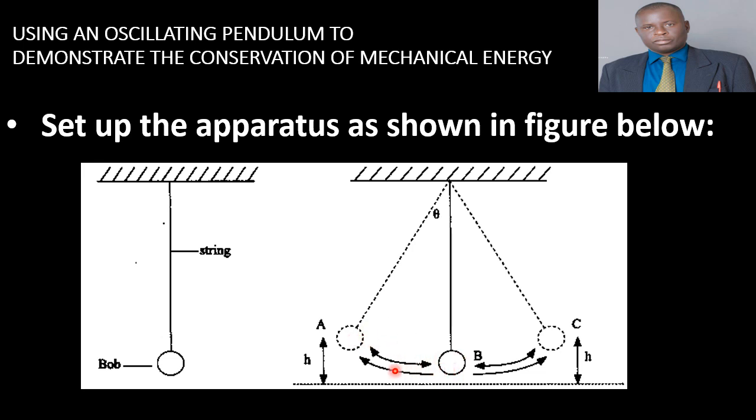So you push this to the left at a small angle theta here and leave it so that it can oscillate. It will be free to oscillate from point A to point B to point C.